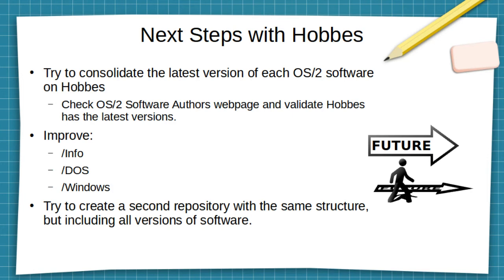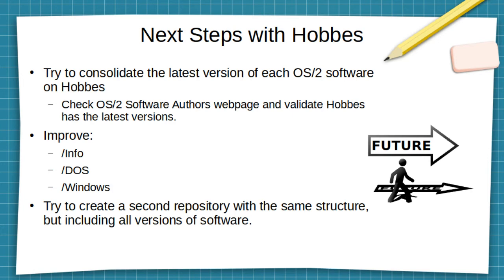We have some versions on Hobbes, and I have to check with the developer to see if that's the latest one, and try to update it. Hobbes has some older versions there. So I already have the list of developers that I'm going to check. I'm going to update every file.